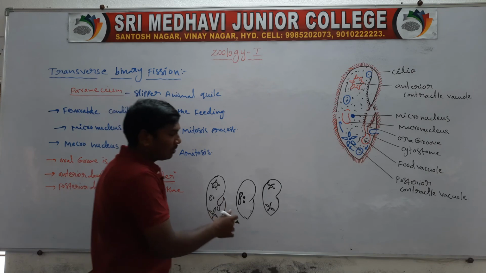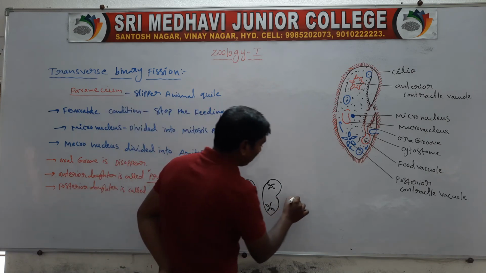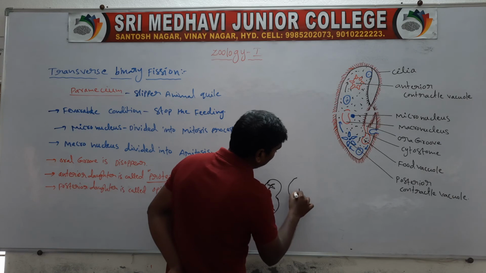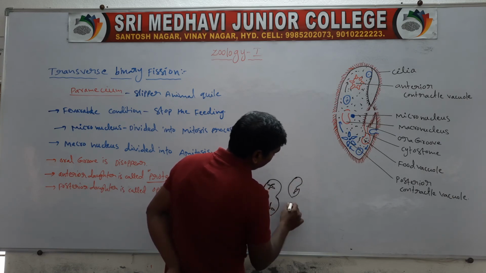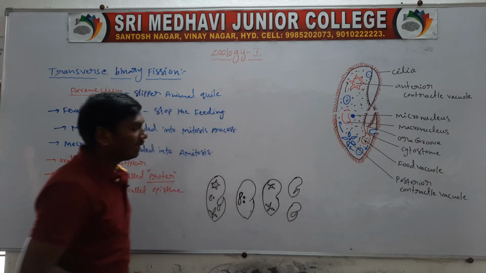Slowly this groove reaches across to this side, and the parent individual is divided into two daughter individuals.